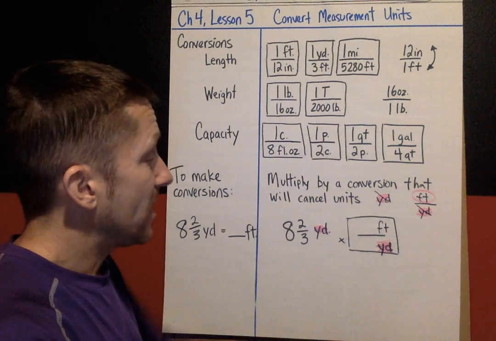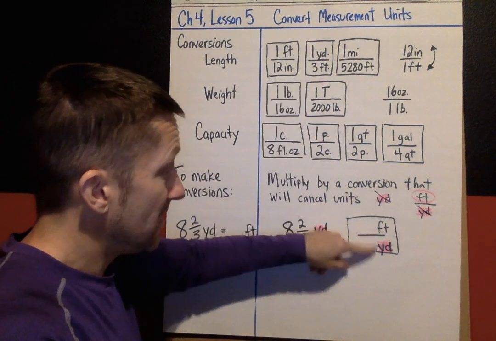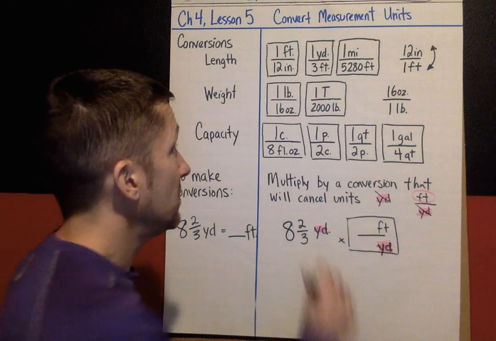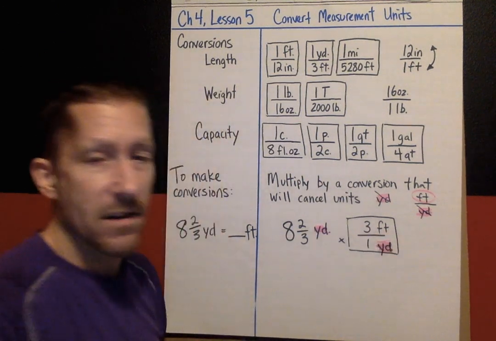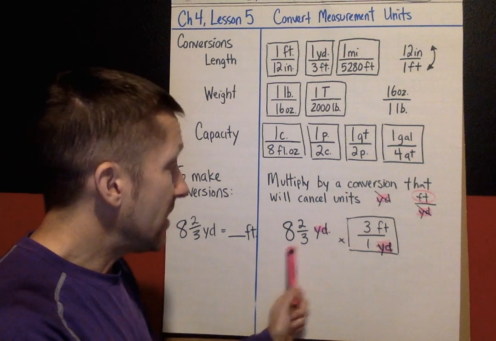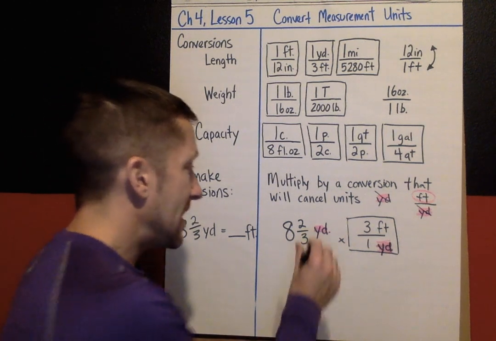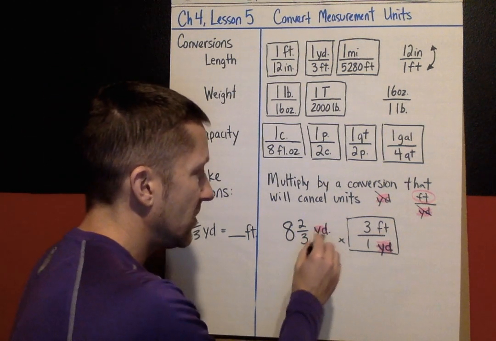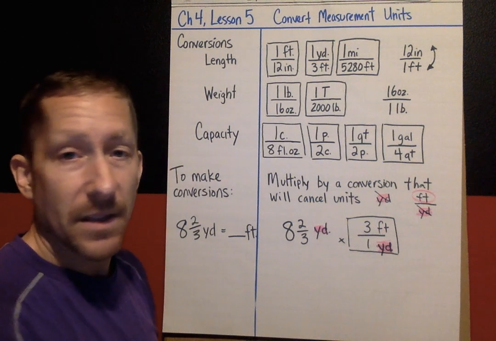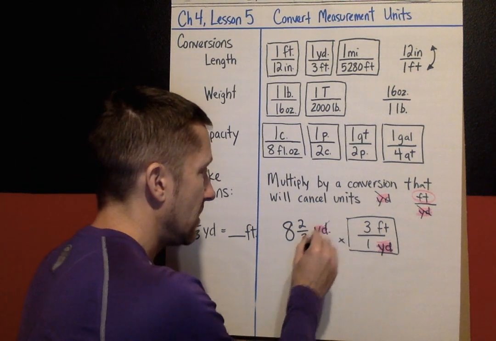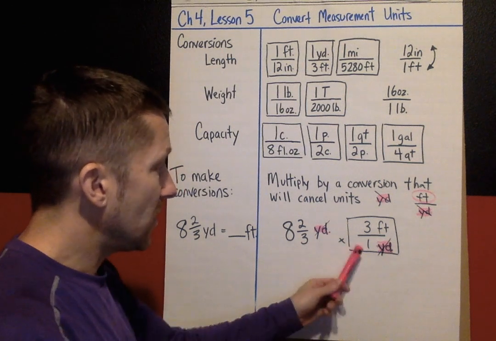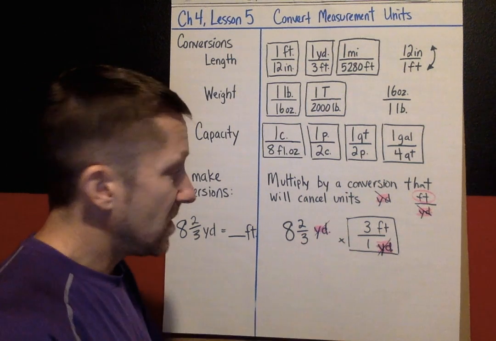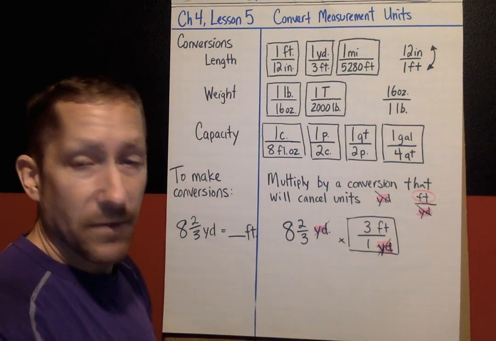Now I can look back up here and see how many feet goes with how many yards. It's 3 feet for every 1 yard. Now I'm just going to multiply. These are going to cancel each other out. Yards are going to cancel, and I will be left with how many feet that is. Now I'm just going to focus on multiplying a mixed number times a fraction, which we've done.